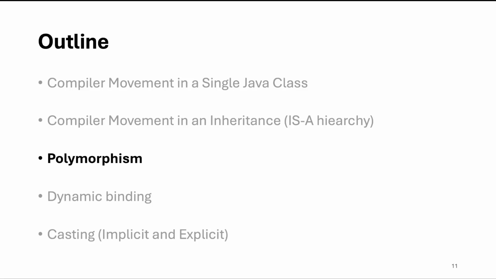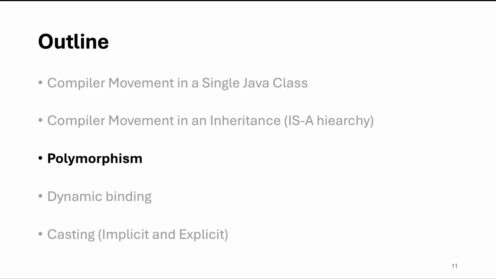Now the question is, why do we have to learn the compiler movement? Understanding the compiler movement is crucial because the next topic is polymorphism, and this compiler movement is very crucial.